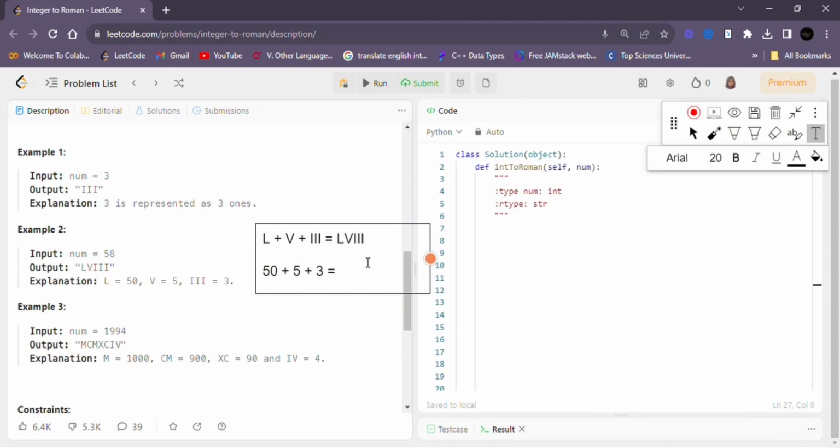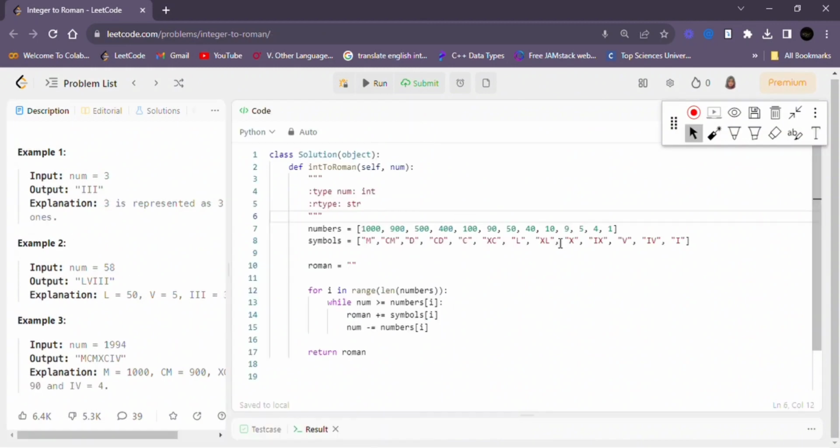So 50 plus 5 plus 3 means 58 is the right answer for this Roman numeral. So in Roman we write 58 like that, and as an integer we write 58 like that. Hope you understand this problem, its conditions, and statement. Now we will jump to the code.